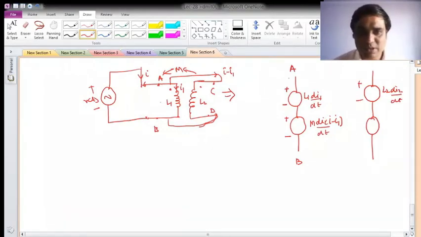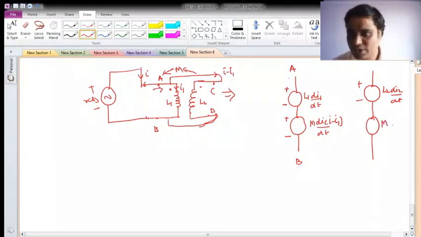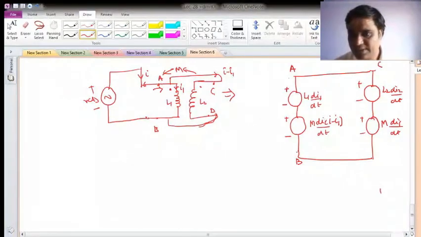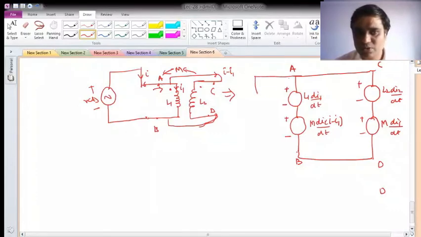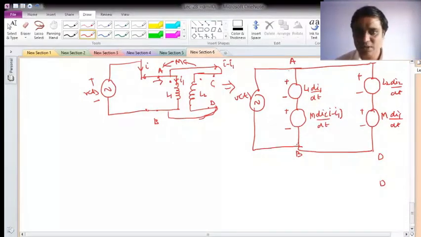And for this, again in coil 1, current entering into the dot, so your mutual inductance M into di1 by dt, so it will be the same, plus and minus, and they are connected parallelly, CD, and to this source is connected with V of t as time varying. Okay, and these are the polarities for V of t also.